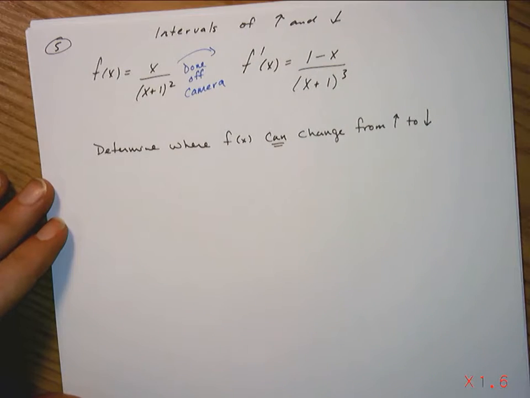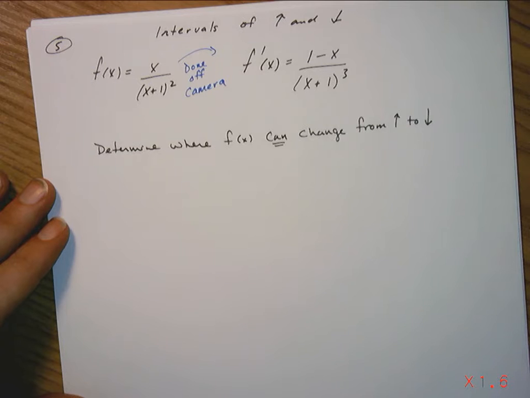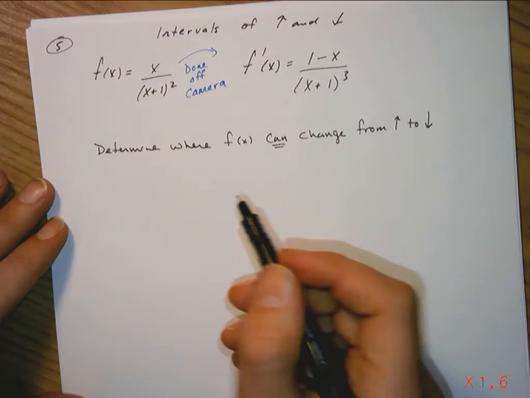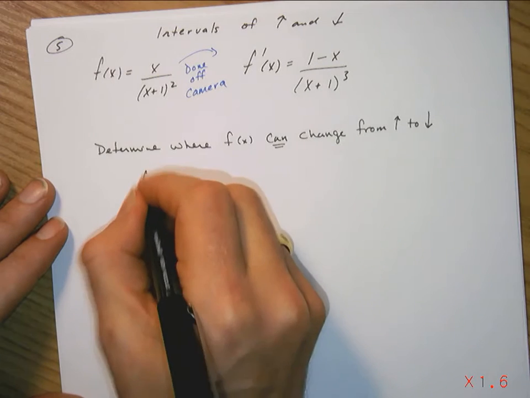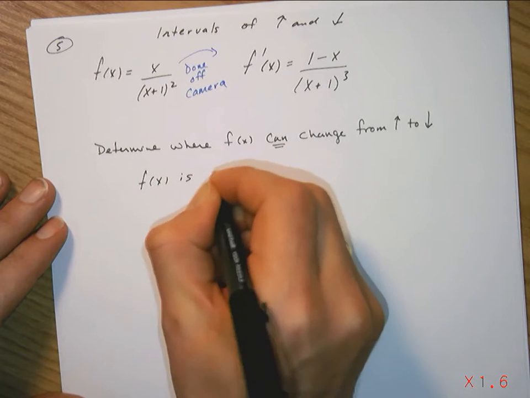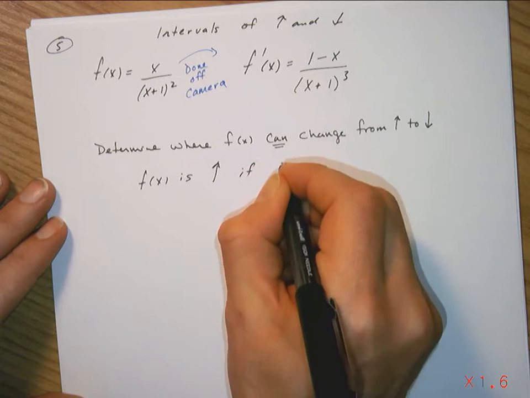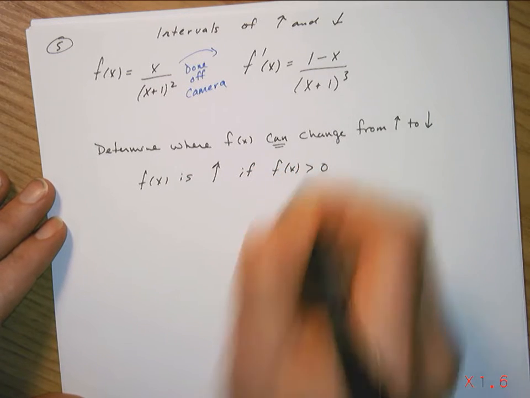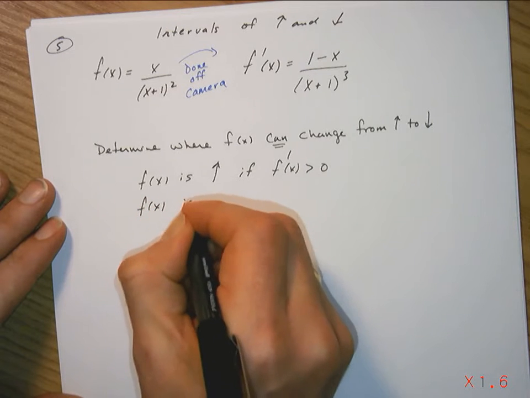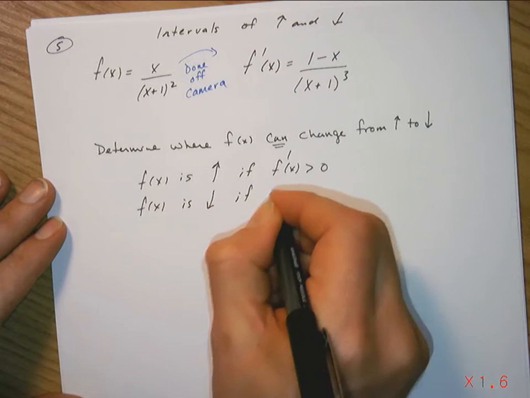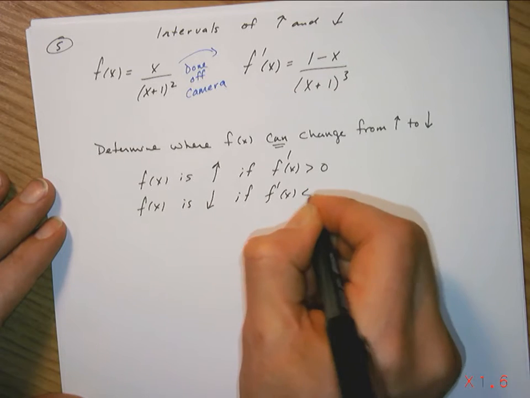We've talked in class today about when that can happen. And we know that f of x is increasing if f prime of x is greater than 0, and f of x is decreasing if f prime of x is less than 0.